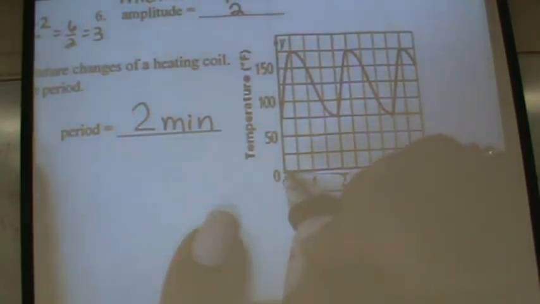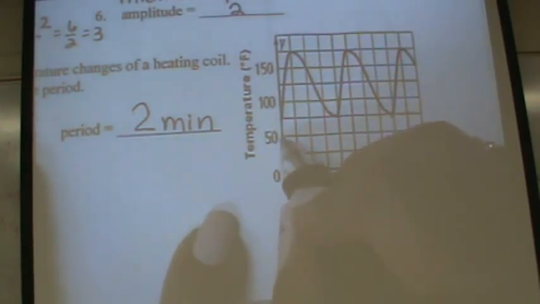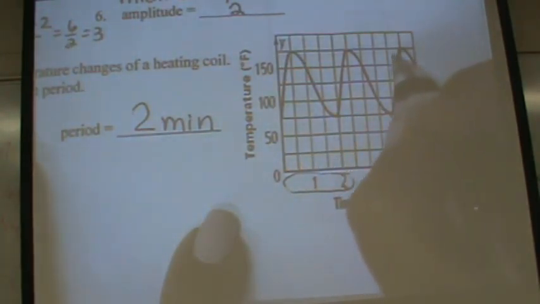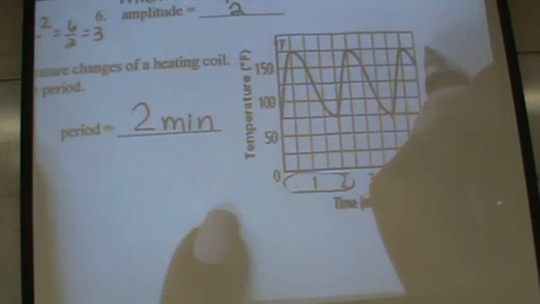Now let's read this. From here to here is 25, 50, and 75. So what's the smallest number here? 75. And then what's the largest? 175.